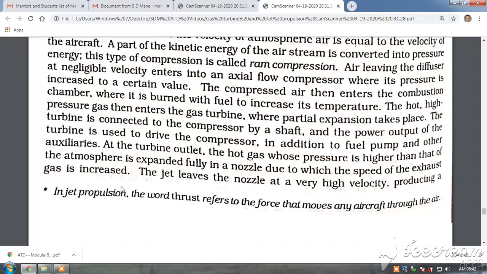As I told earlier, the pressure energy is converted into velocity. The jet leaves the nozzle at a very high velocity, producing a thrust in the opposite direction to push the aircraft through the air.